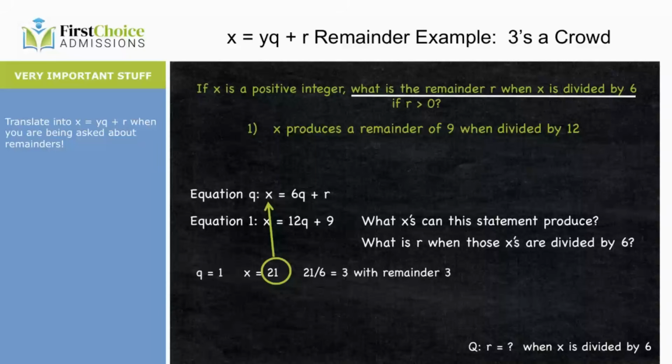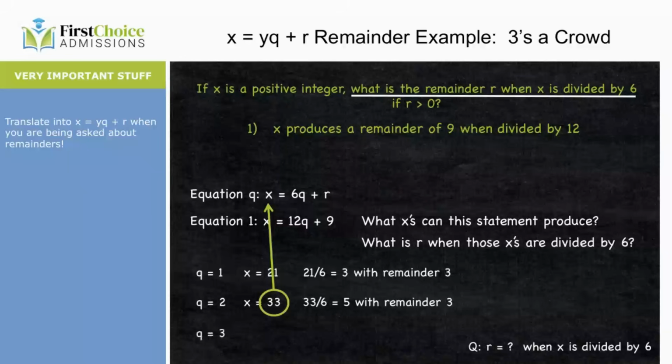Well, what if q wasn't 1? What if q was 2? If q is 2, that makes x 33. Let's plug 33 into the original equation. 33 divided by 6 is going to give us 5, also with a remainder of 3. Let's say q was 3.